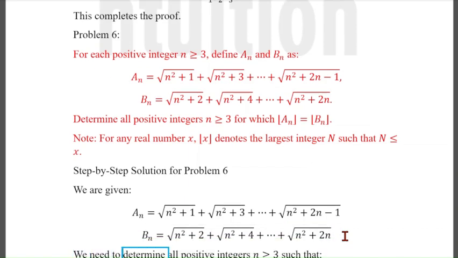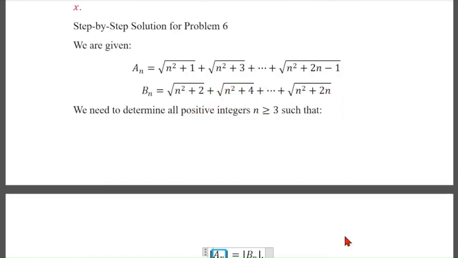We need to determine all positive integers n greater than or equal to 3 such that ⌊A_n⌋ equals ⌊B_n⌋.